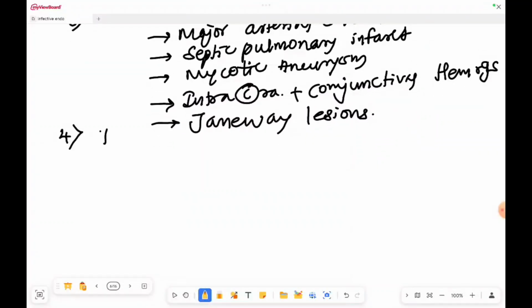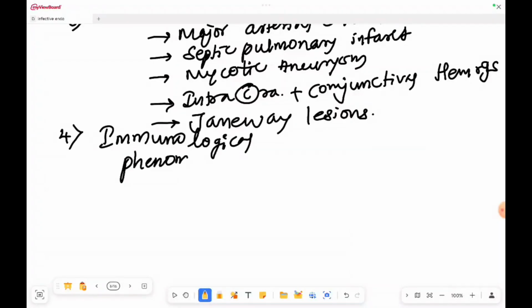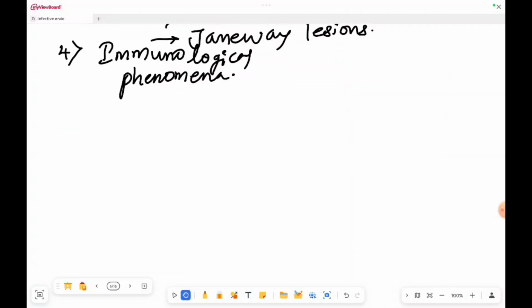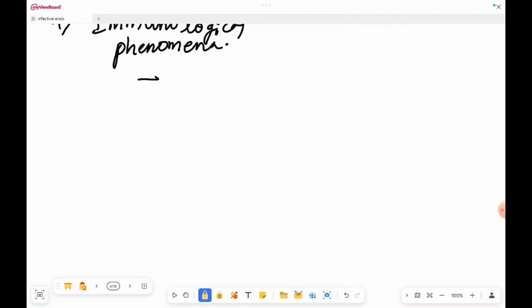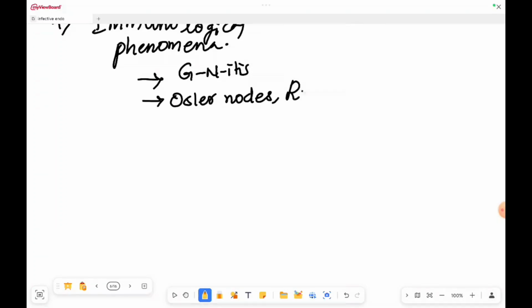So fourth one will be immunological phenomena. And further in this there are manifestations like glomerulonephritis, Osler nodes, Roth spots and rheumatoid factor.